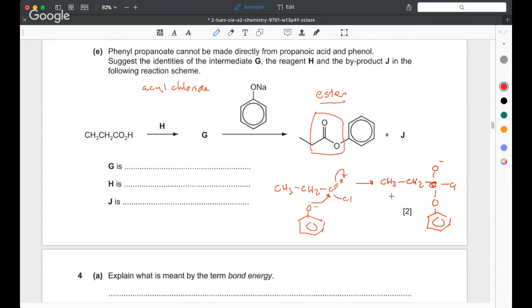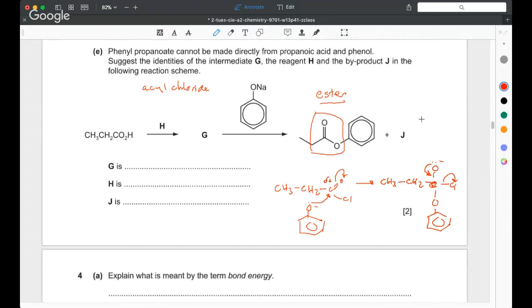That's the addition step. That's a nucleophilic addition, isn't it? Because that's slightly positive there. And then in the elimination step, the carbonyl group is going to reform and the chlorine atom is going to leave as a chloride ion.